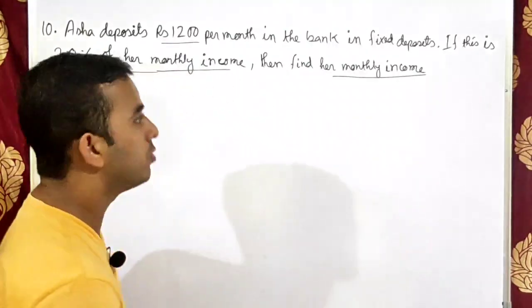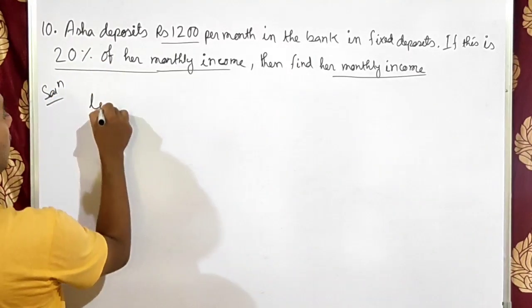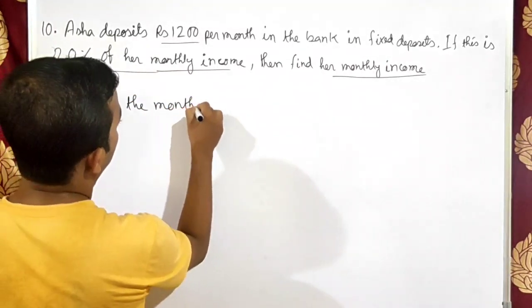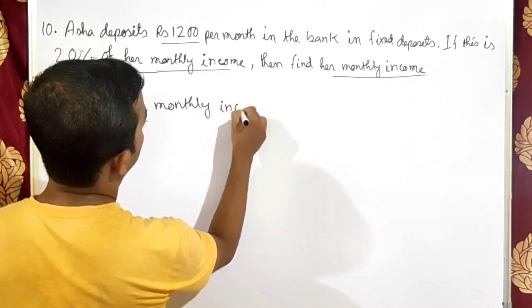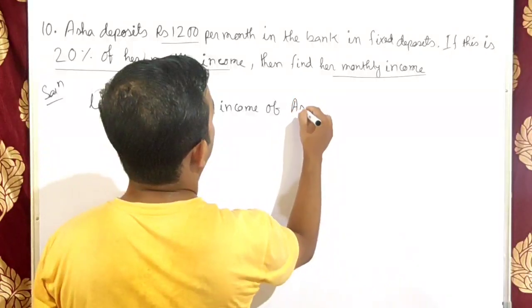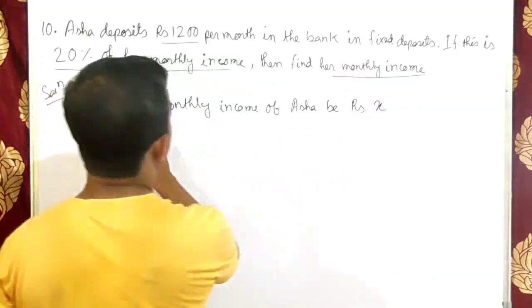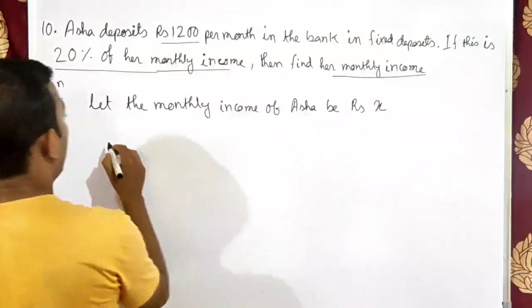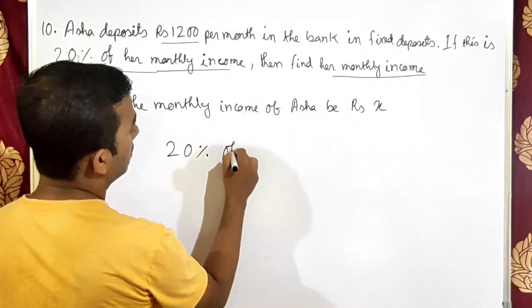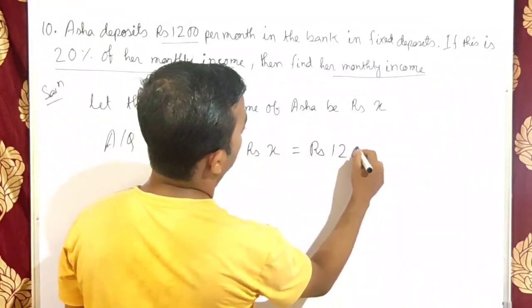So let's look at the board. First we have to write this solution. Let the monthly income of Asha be rupees x. Now according to the question, 20% of rupees x equals rupees 1200.